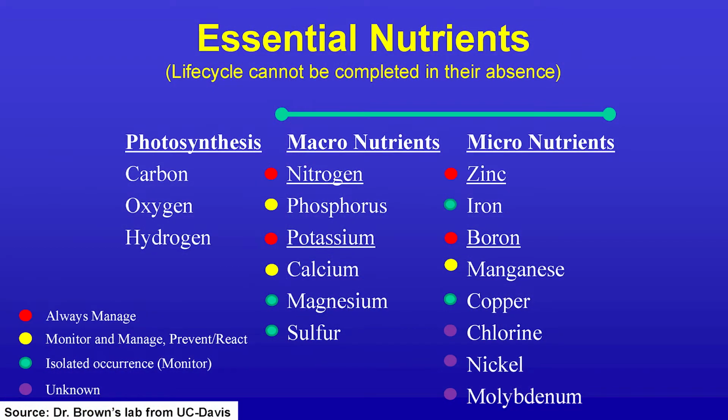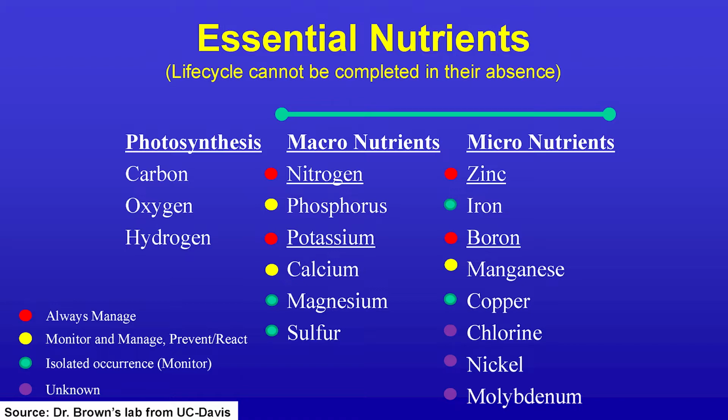By way of background, this slide illustrates all the essential nutrients that are needed to grow any plant, and to grow almonds. The interesting thing about this slide is that it groups the different nutrients by the amount of management that you need to invest in them.